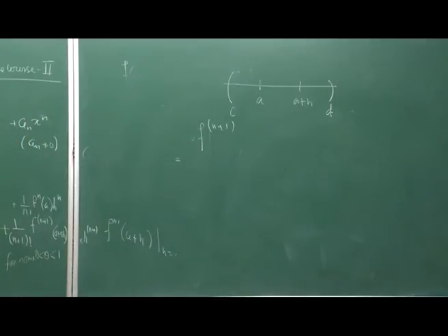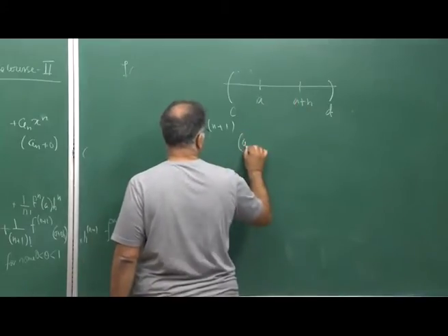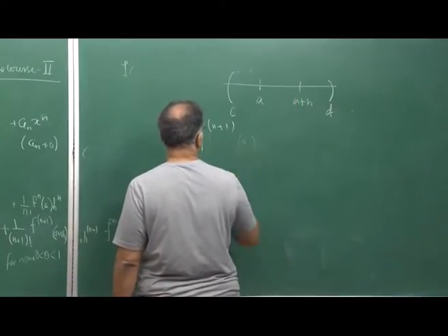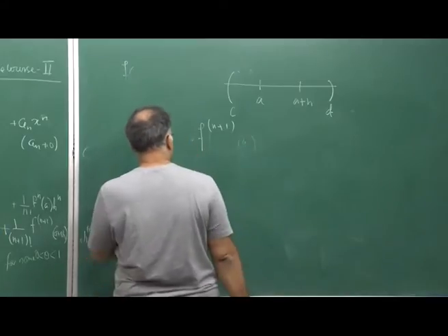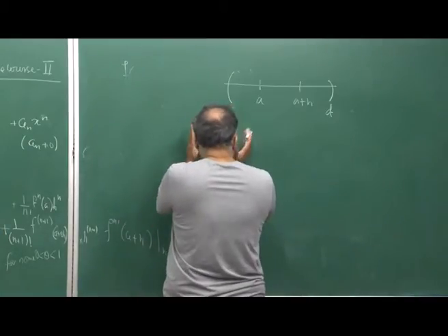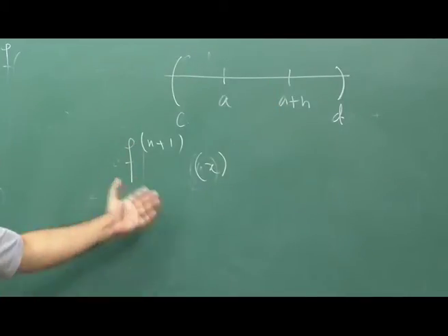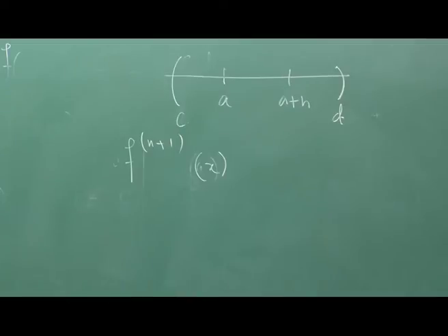Then in the closed interval a to a plus h, if I take the function fn ax, it is a bounded function because it is continuous.